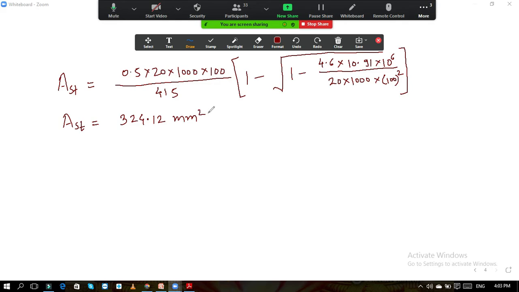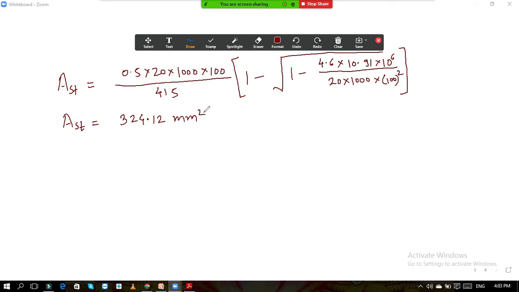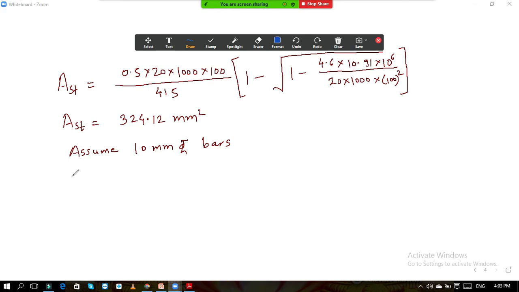Now consider 10 mm diameter bars and calculate the number of bars first. How to calculate the number of bars?